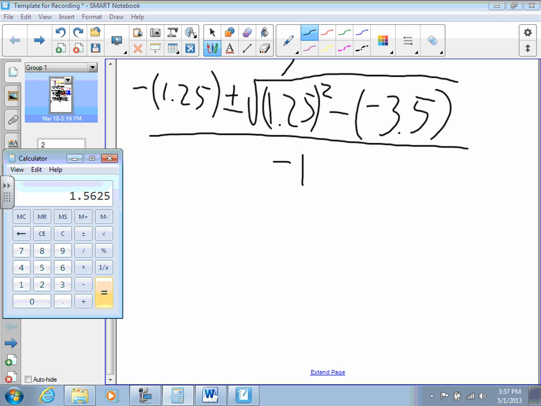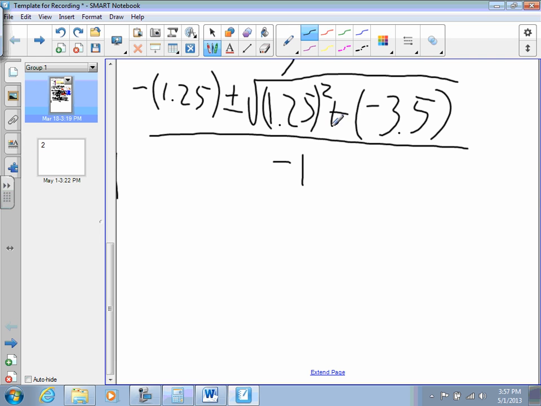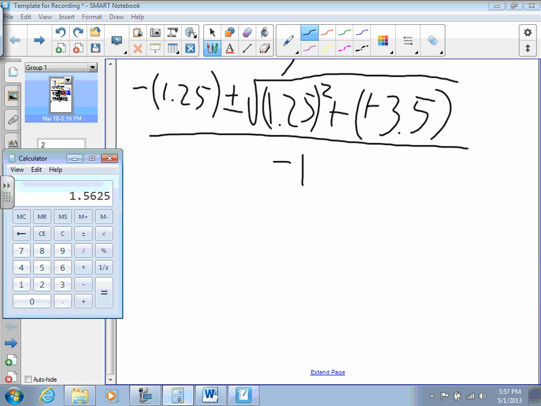Okay. So now we have that, and then those two are going to cancel out. So we're going to take that and add 3.5 to it. Plus 3.5 equals 5. And let's go ahead and take the square root of that while we're at it.